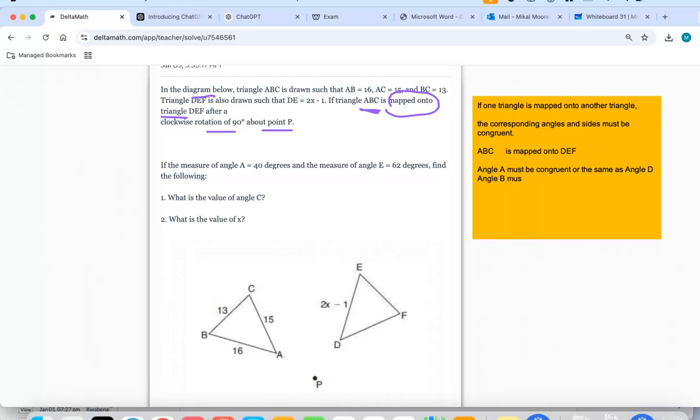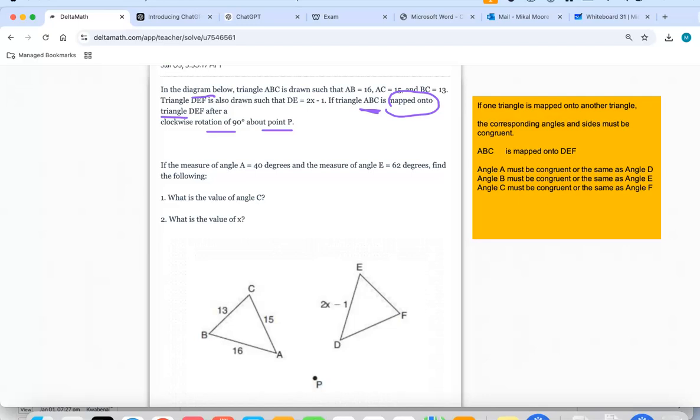So angle B must be congruent to angle what? If you said E, you're correct. And last but not least, angle C must be congruent to angle F. Just make sure you pay attention to the order of the letters. C is last and F is last, so they have to be congruent.